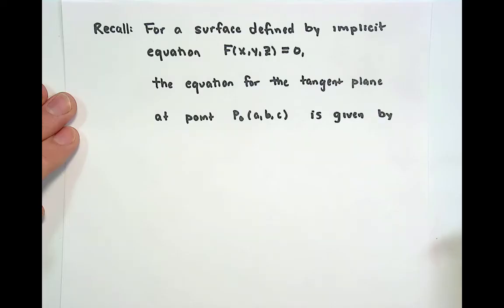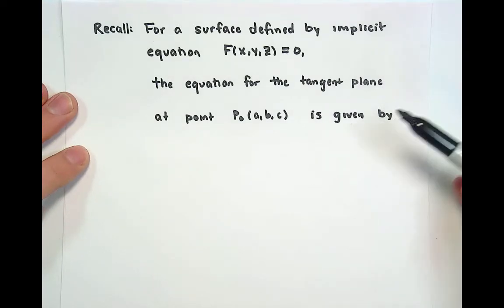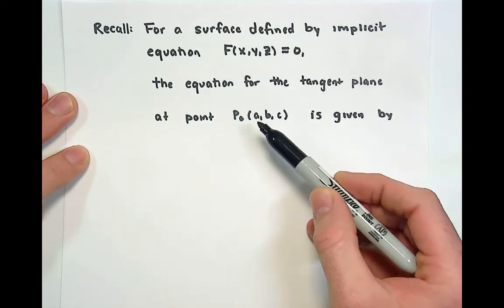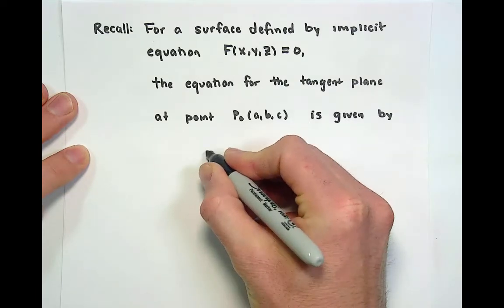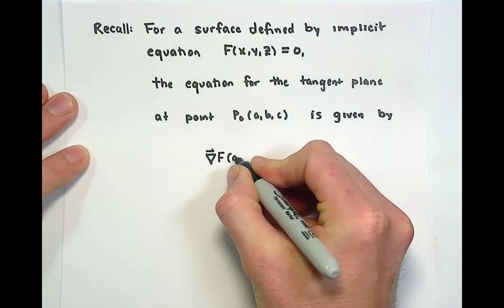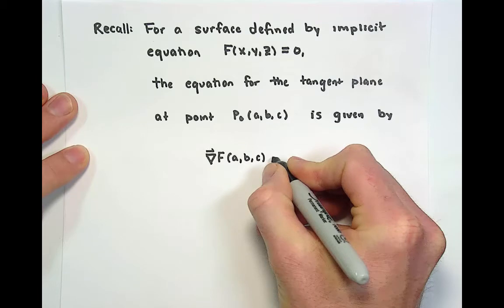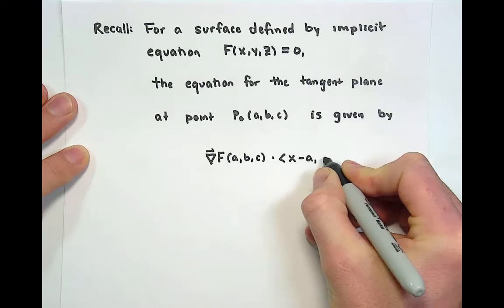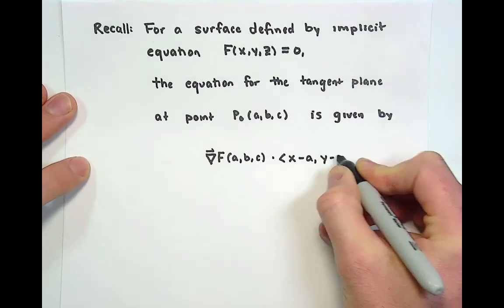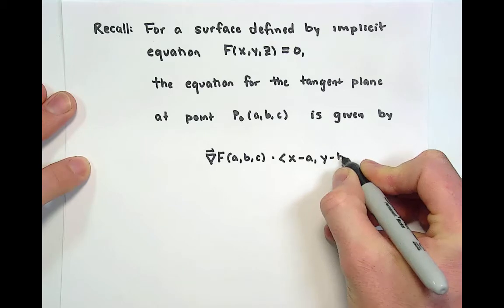First things first, we recall that for a surface defined by the implicit equation f of x, y, z equals 0, the equation for the plane tangent to the surface at the point P0 with coordinates a, b, c is given by the dot product between the gradient of our capital F function evaluated at a, b, c dotted with the vector that connects any general point on the plane to the specific point on the surface through which the tangent plane passes.